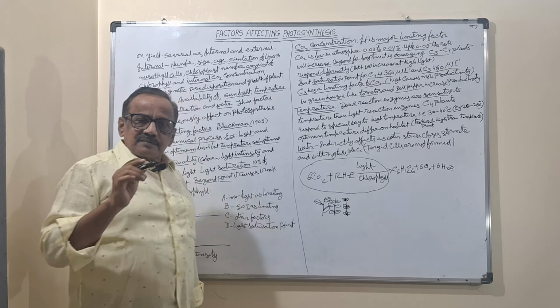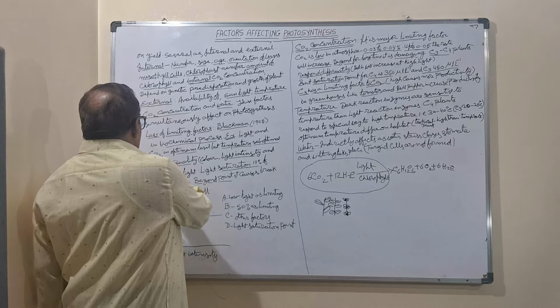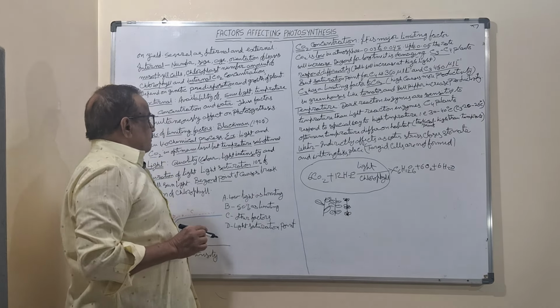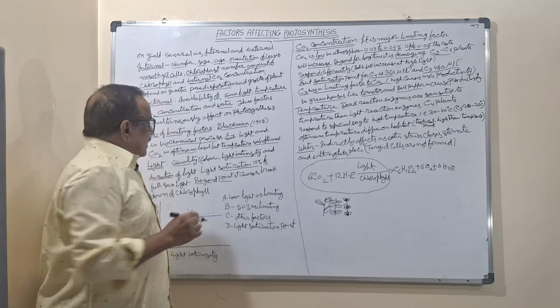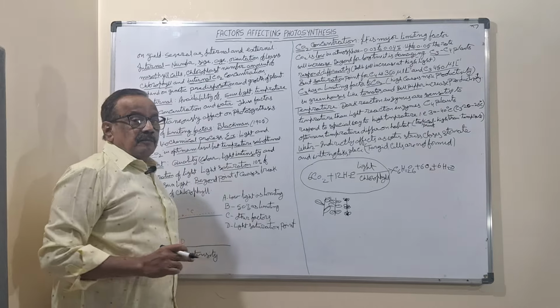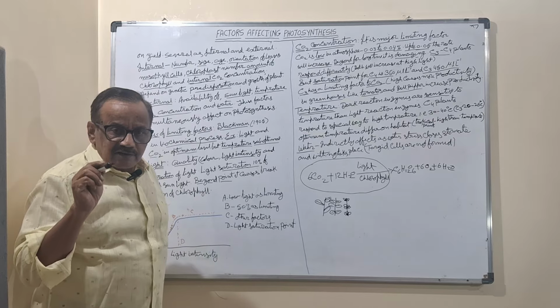This is important, he asked it once in the 70. For example, as given in the NCERT book, light is at optimum level, carbon dioxide is at optimum level, but the temperature is suboptimal. Then which one is the limiting factor?